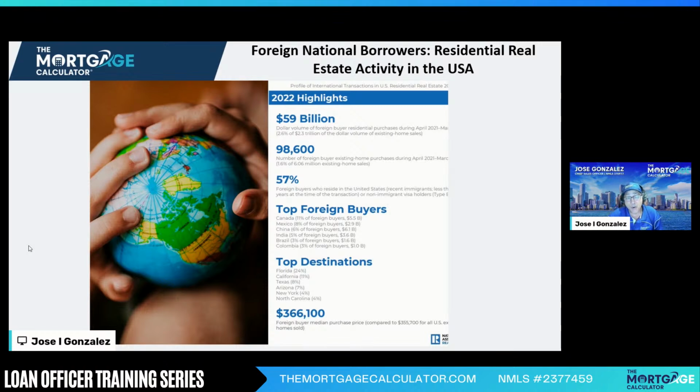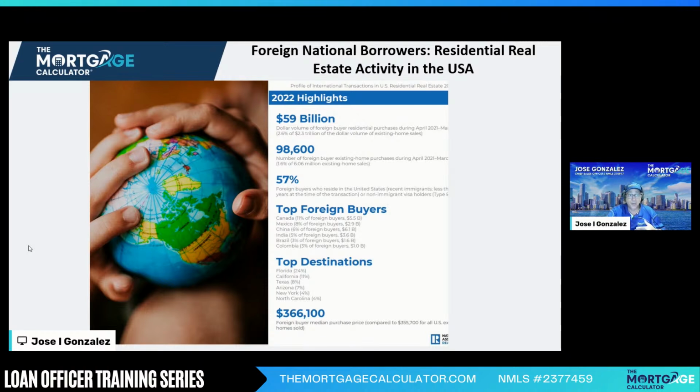11% of all foreign buyers are from Canada. Most of them buy in Florida, and most on the west coast of Florida. 8% of the foreign buyers are from Mexico, right? That's another obvious one. Now, notice the relationship there, right?